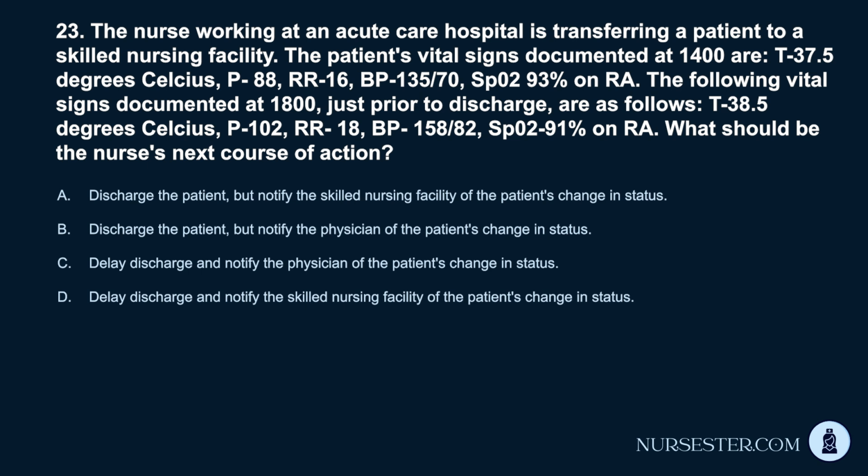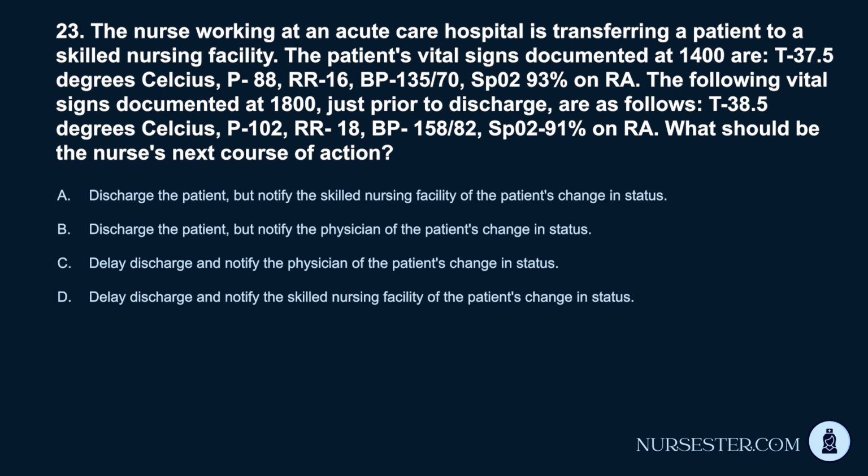The following vital signs documented at 1800, just prior to discharge, are as follows: T 38.5 degrees Celsius, P 102, RR 18, BP 158/82, SpO2 91% on RA. What should be the nurse's next course of action?